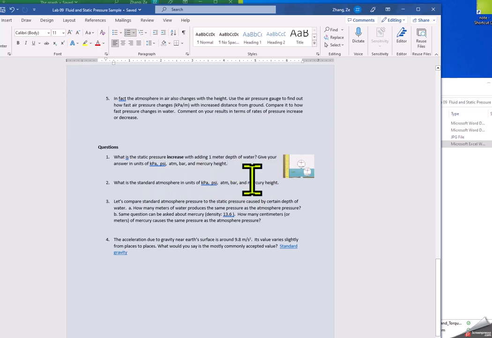So I will ask you these questions. What is the standard atmospheric pressure in kilopascals, psi, and mercury height? The standard atmospheric pressure is just the pressure you feel now on the Earth. It's standard because it varies up and down: standard pressure at 0 degrees temperature, near sea level.